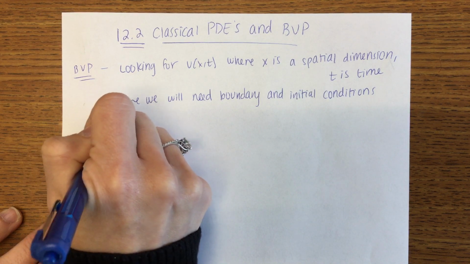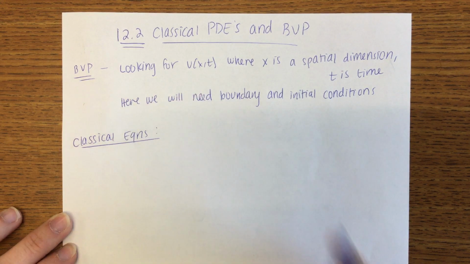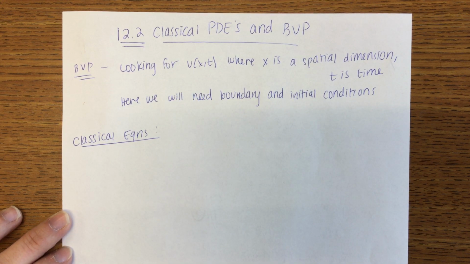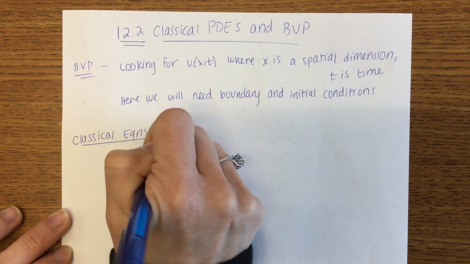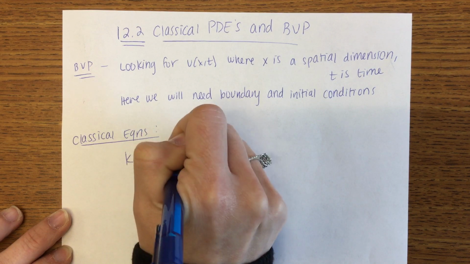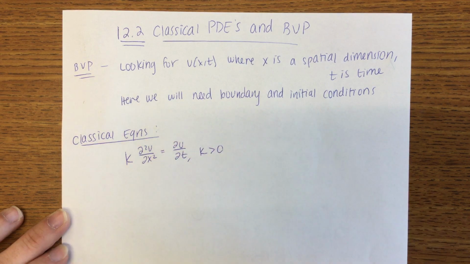There are three main classical equations. First one is k times the second partial of u with respect to x is equal to the first partial of u with respect to t, where k is greater than 0.